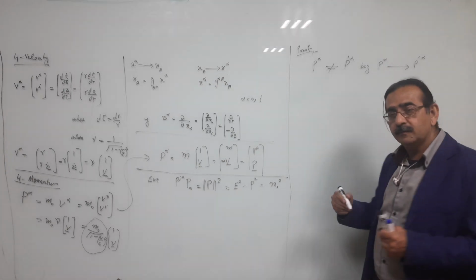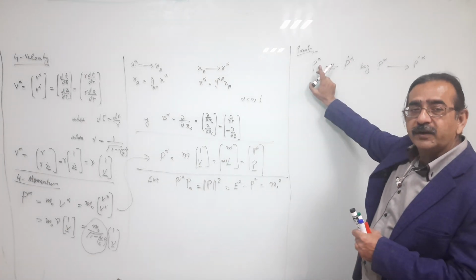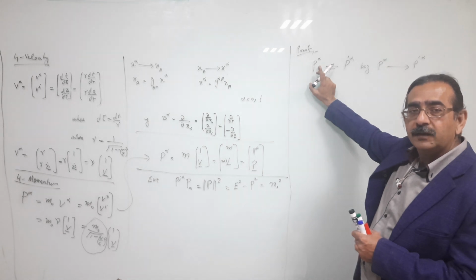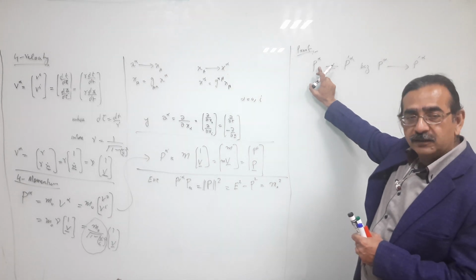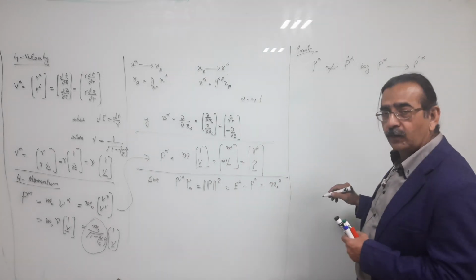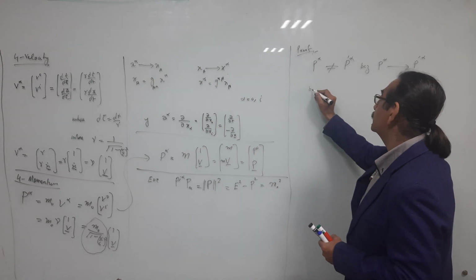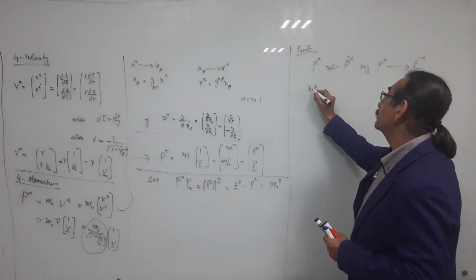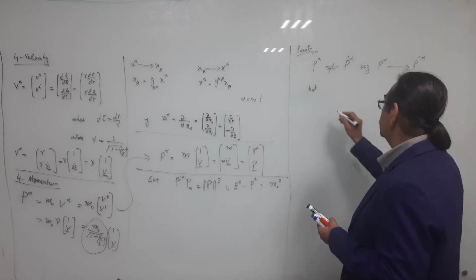Since this has one tensor index, or one free index, it will be transformed like a vector. So that's why they will not be equal.